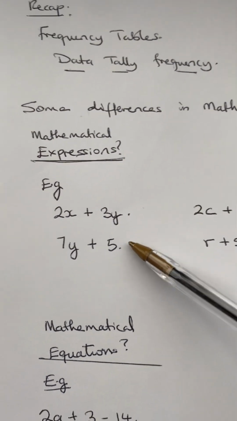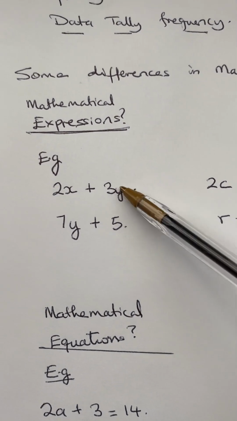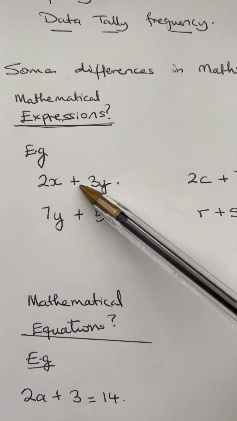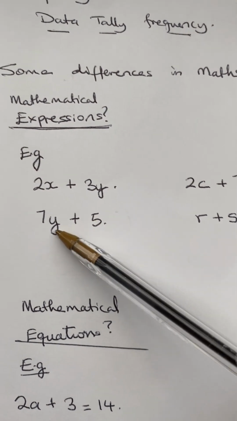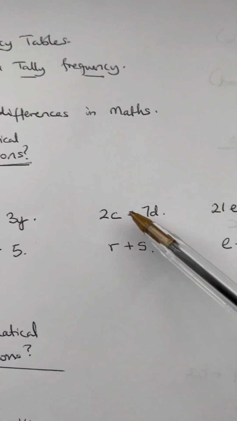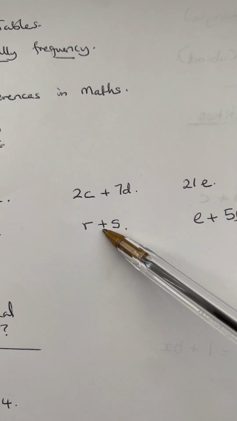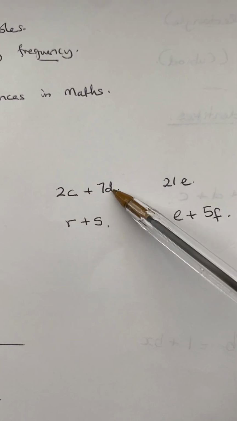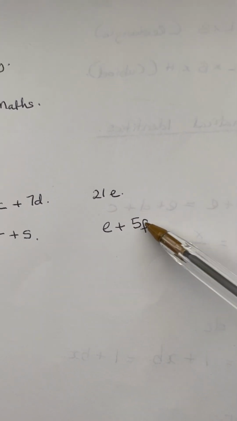When we were doing algebra, we did a lot of it, and at times we have to simplify to something like 2x plus 3y, 7y plus 5. We don't know what y was, so we left our answers this way: 3c plus 7d, r plus s, 2c plus 7d, 21e, e plus f.